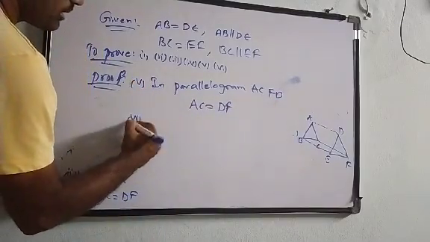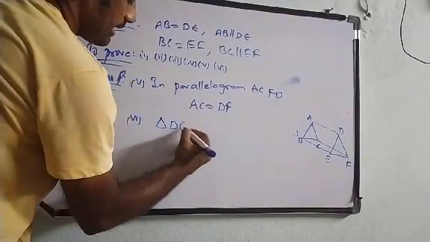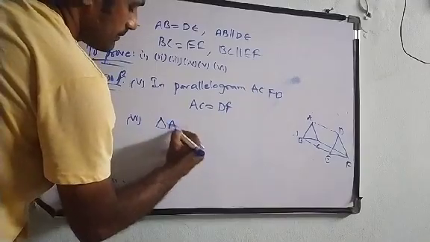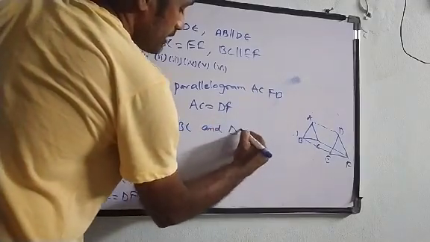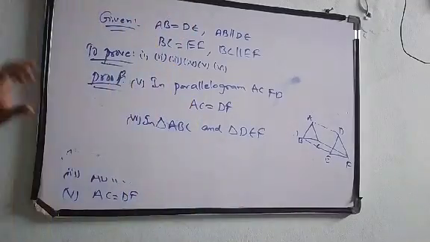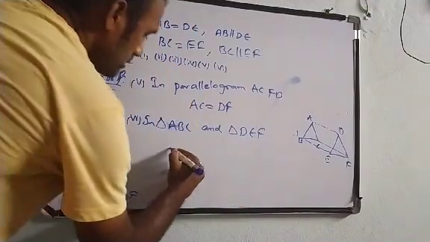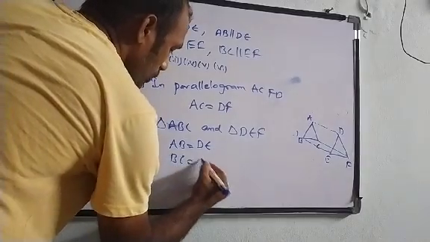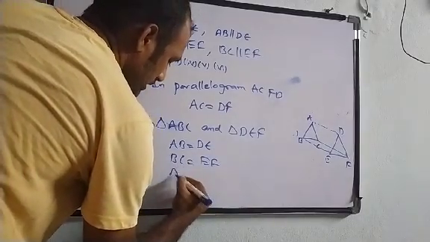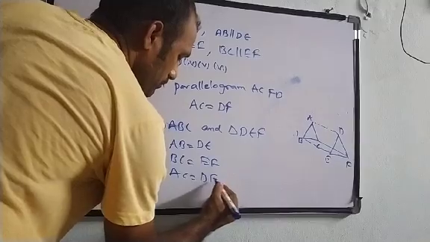Coming to the sixth one, we need to show that triangle ABC and triangle DEF are congruent. Observe these two triangles. AB is equal to DE, BC is equal to EF, and AC is equal to DF.